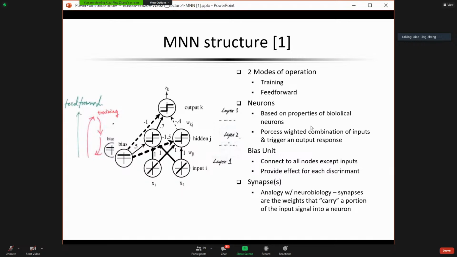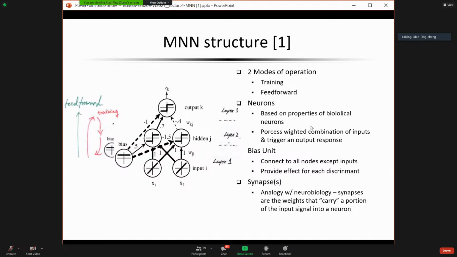Training is basically to figure out the parameters, all these W: -1, 0.7, -0.1. How do we get there, right? That's called training. When we say training, oftentimes we mean to use labeled data to train. We design some criteria function, and then try to find the best way to satisfy our criteria function. That's training.